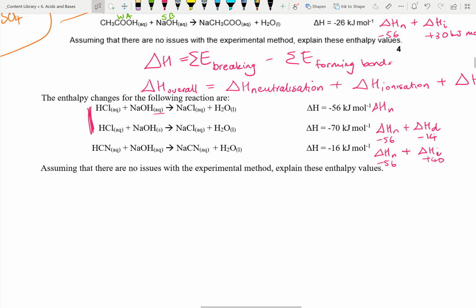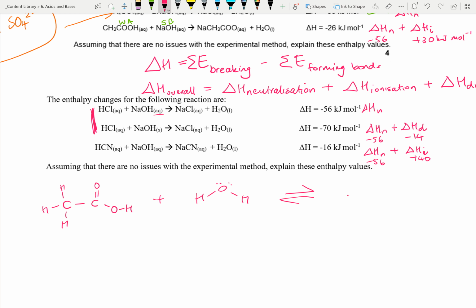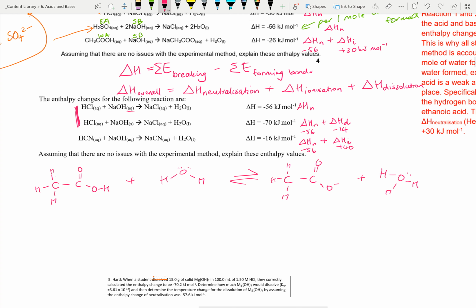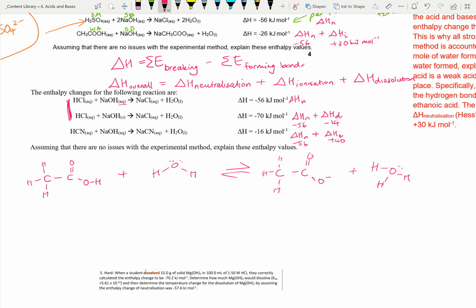What I'd like you to think about is if I draw out acetic acid, also known as ethanoic acid, I'm drawing out the whole equilibrium. Okay, this is the equilibrium when you draw out their structures.